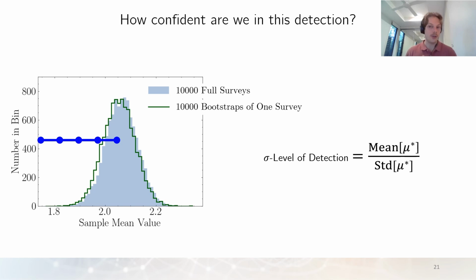Effectively what you're doing is counting how many standard deviations away from 0 the mean of this distribution is, as you can see in the blue here. And that is basically our threshold. If it's more than 3 standard deviations, then we can safely say that the overall mean, had we had access to all of these samples of the universe, would in fact be greater than 0. And we can be statistically confident in that claim.